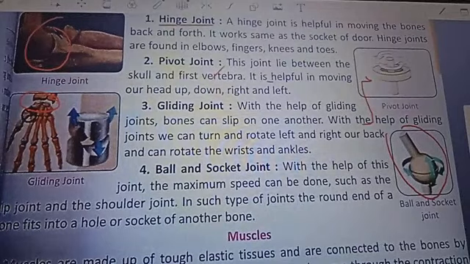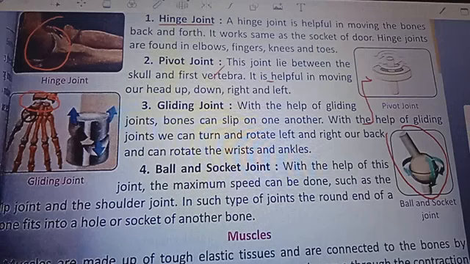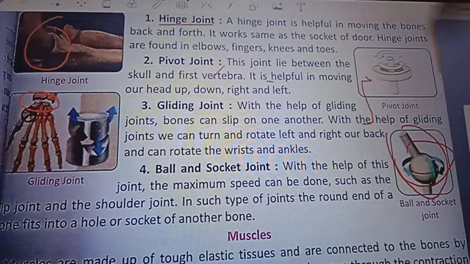In our hip and shoulder joints, we can move in a 360 direction, in all directions. It is due to the presence of the ball and socket joint. So that is about ball and socket.